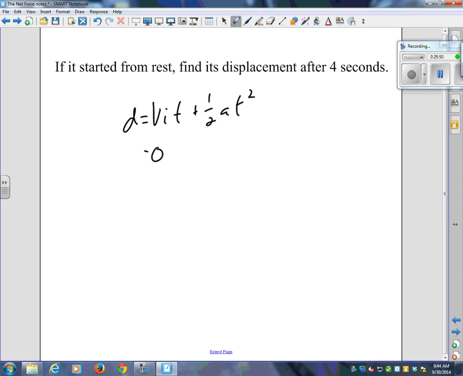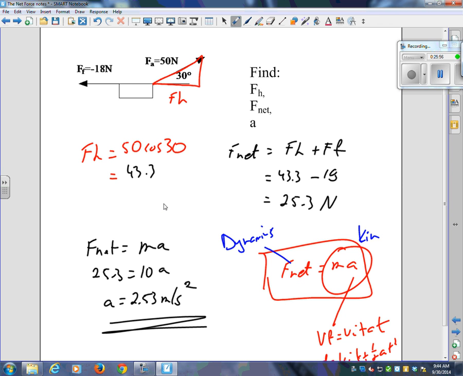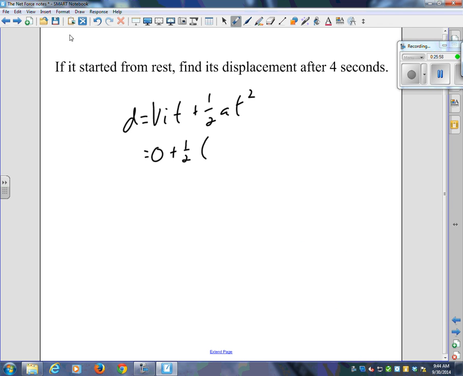So if it started from rest, 0 plus 1/2 my acceleration, which was 2.53, and 4 seconds squared. Oh yes, a couple people missed that on the test. Make sure you get that right. I get 202, is that right? That seems awfully large. 202 meters?